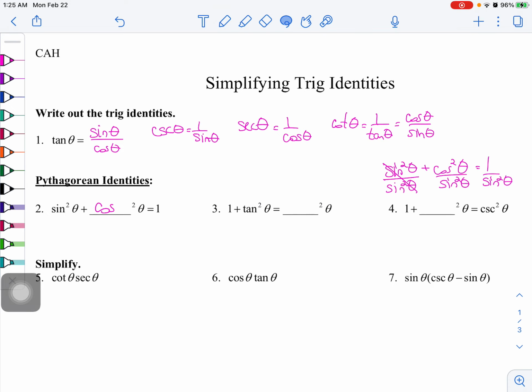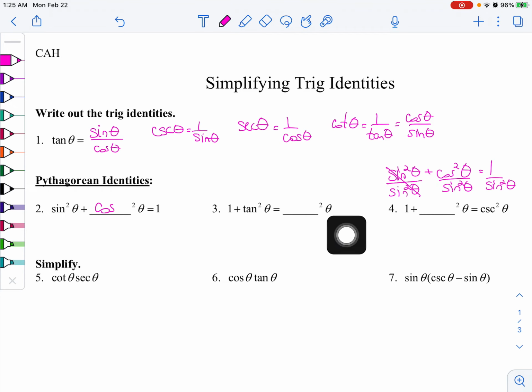Now I actually lined this up wrong, so I'm going to slide this over here. There we go. Now, cosine squared theta divided by sine squared theta is cotangent squared theta. And then 1 over sine squared theta is really just cosecant squared theta. So that's one way to find this other piece. I just took all the pieces of the original Pythagorean identity and divided by sine squared.